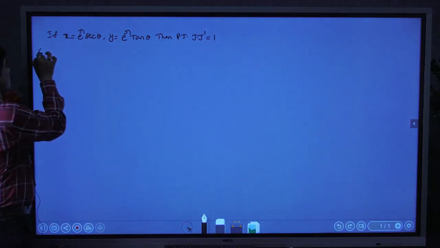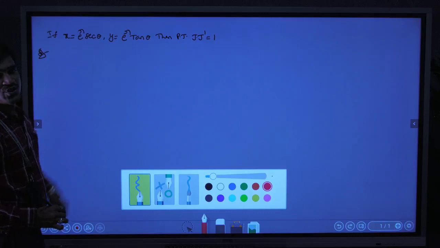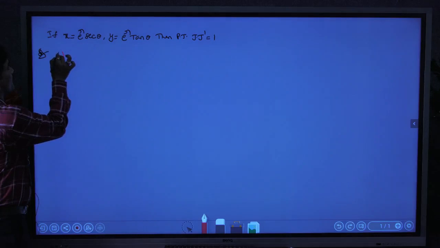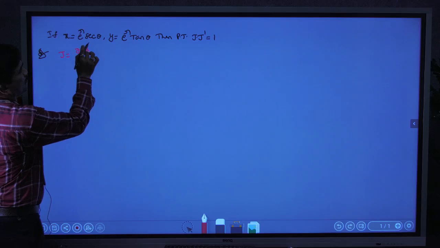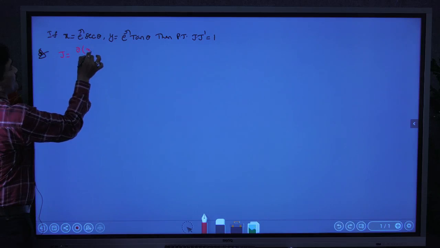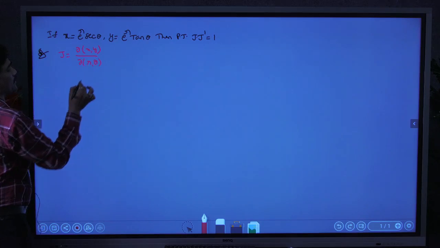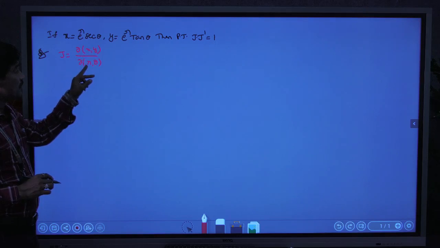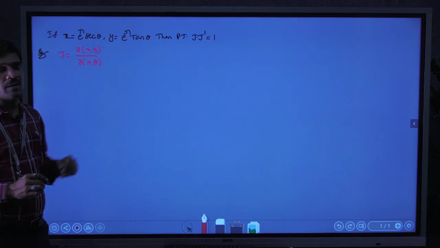Now first write J. What is J? J is dou xy by dou r theta, right? So here functions x comma y are functions of r comma theta.